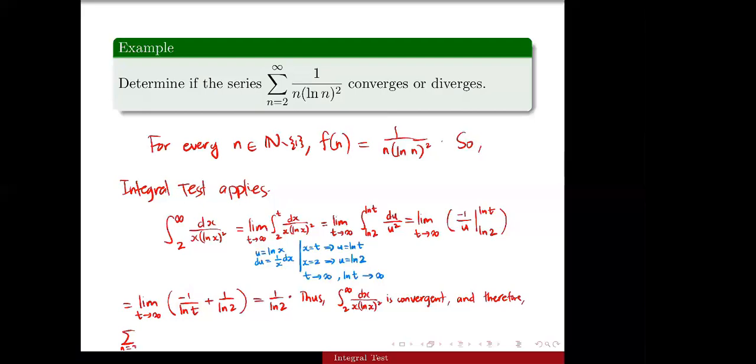So the series from 2 to plus infinity of 1 over n ln of n squared is also convergent.